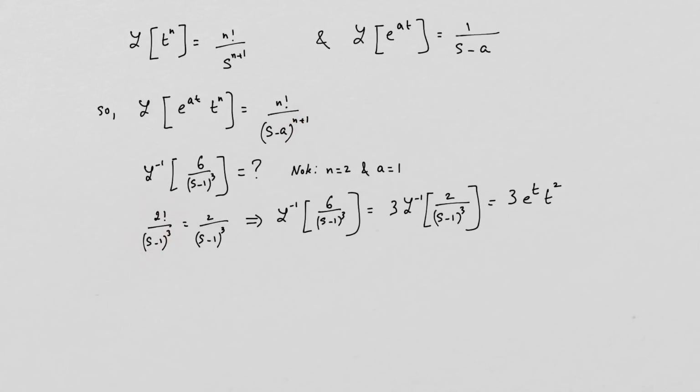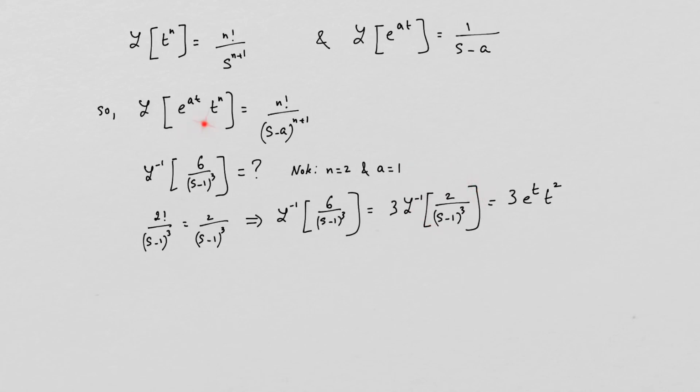Of course, this is 2 over s minus 1 cubed, but I don't have 2, I have 6. That's no big deal. Inverse Laplace is linear. I can pull a 3 out. So inverse Laplace of 6 over s minus 1 quantity cubed is 3 times inverse Laplace of 2 over s minus 1 cubed. Now you already know the inverse Laplace of 2 over s minus 1 cubed, right?